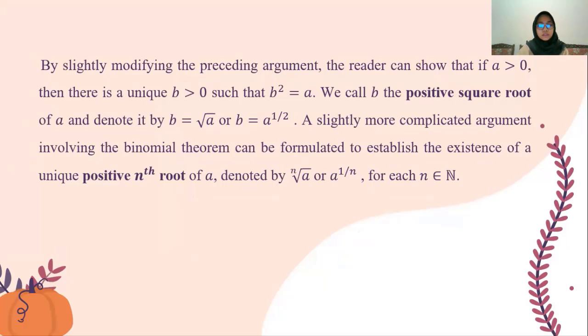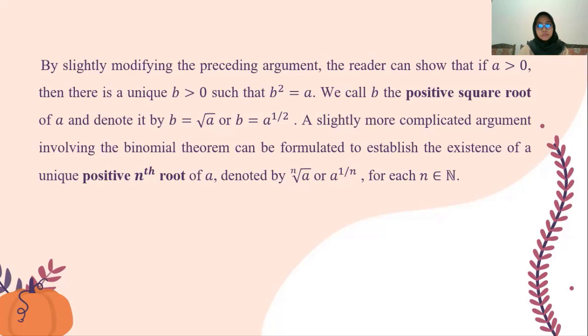Okay, I will continue the presentation from Hanifah. By slightly modifying the preceding argument, the reader can show that if A > 0, then there is a unique B > 0 such that B² = A. We call B the positive square root of A and denote it by B = √A or B = A^(1/2).